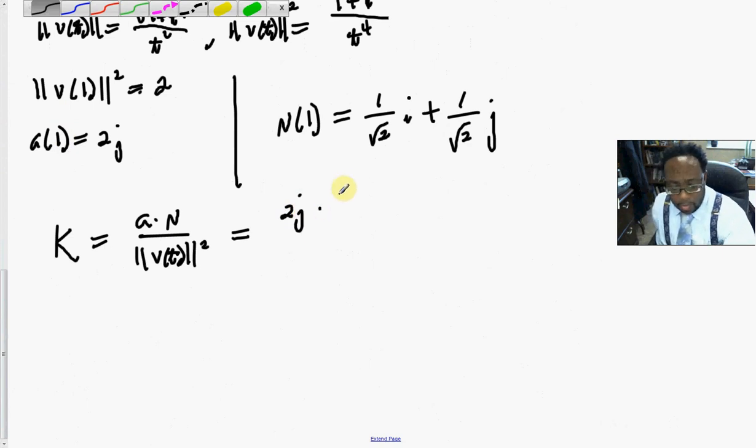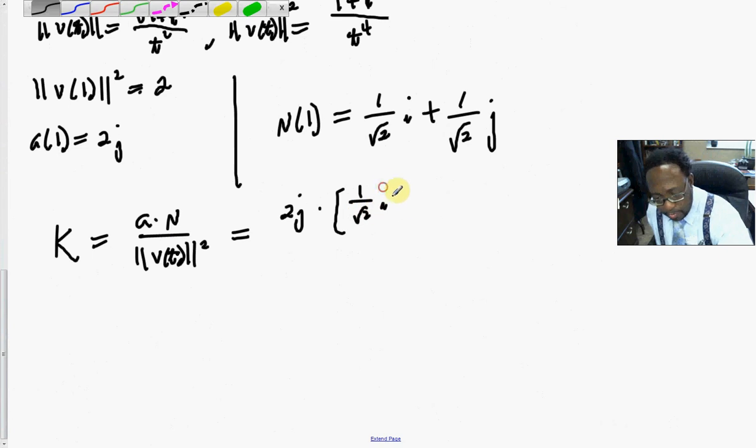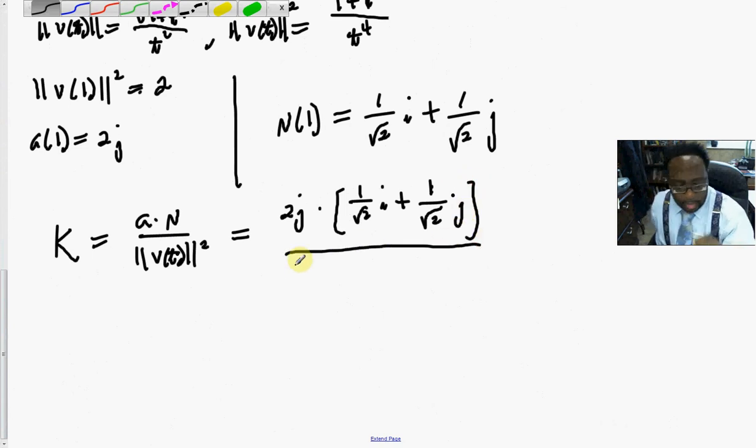That's dot product with the normal vector 1 over the square root of 2 i plus 1 over the square root of 2 j, and that's all divided by the norm of the velocity to be squared, which is just 2.